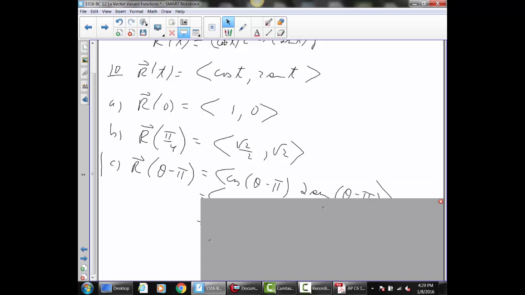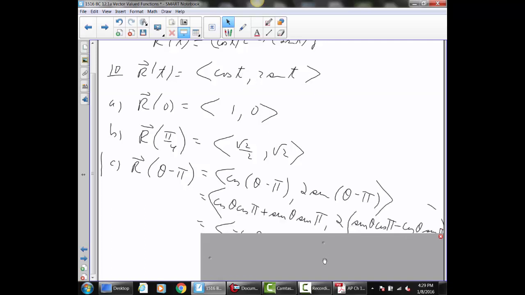For theta minus pi, you're going to replace t by theta minus pi in both cases. And then what they're going to do is actually expand that. The cosine of a minus b equals cos a cos b plus sine a sine b. Same thing here, 2 times the sine of alpha minus beta, which is the sine of alpha cosine of beta minus the cosine of alpha sine of beta. When you simplify all of this, of course, the cosine of pi is -1, so this will give negative cos theta.